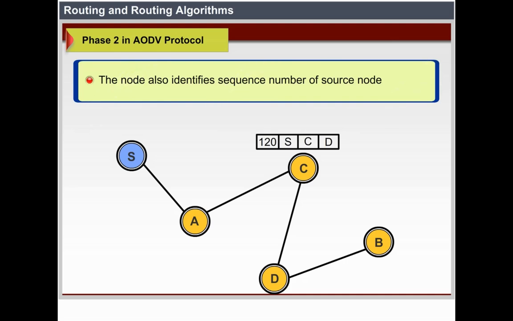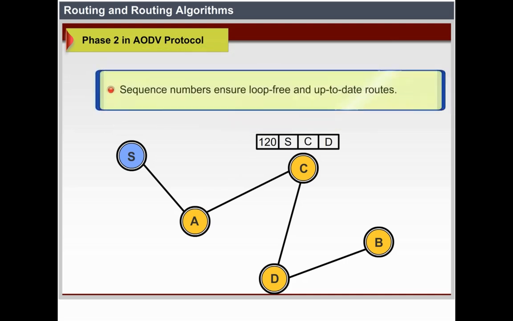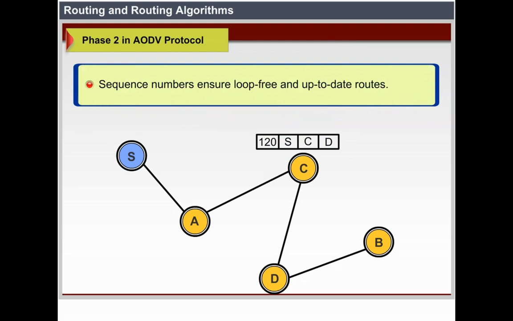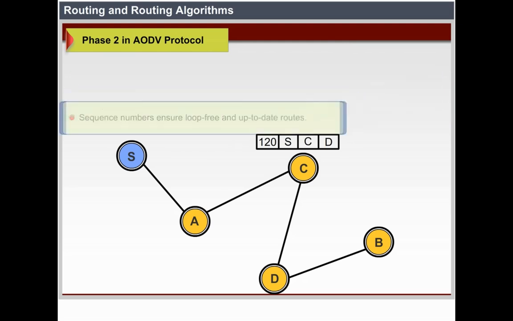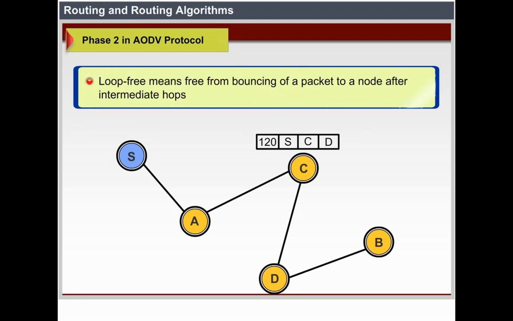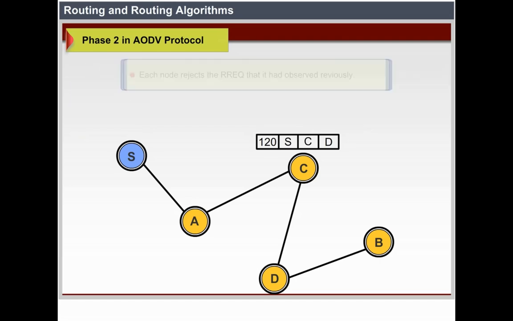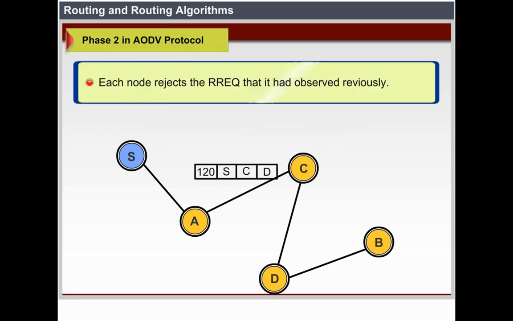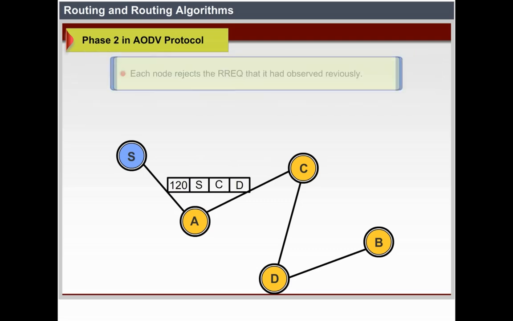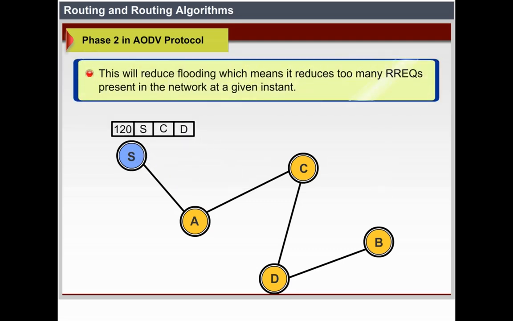The node also identifies sequence number of source node. Sequence numbers ensure loop-free and up-to-date routes. Loop-free means free from bouncing of a packet to a node after intermediate hops. Each node rejects the RREQ which it had observed before. This reduces flooding, which means it reduces too many RREQs present in the network at a given instant.